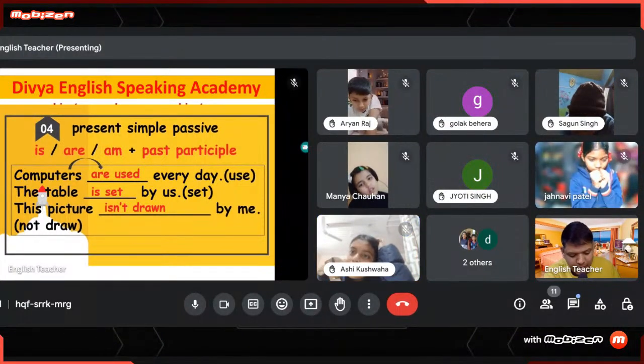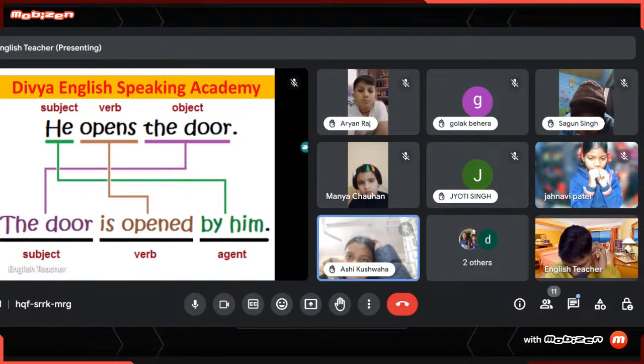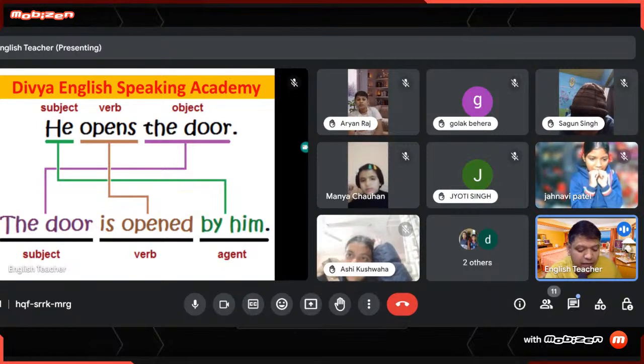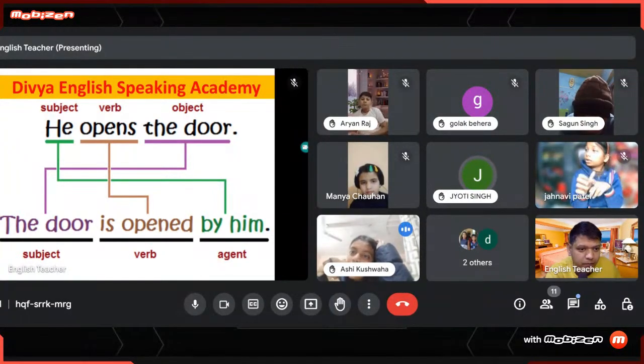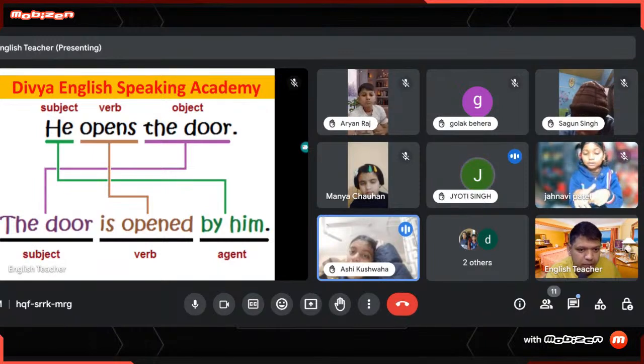The hair कहाँ से आ गया बच्चे? Her hair. Aryan doesn't open the door. The door isn't opened by Aryan.